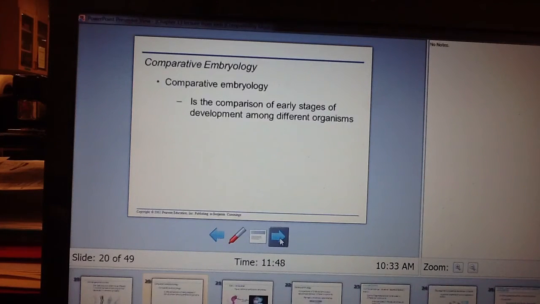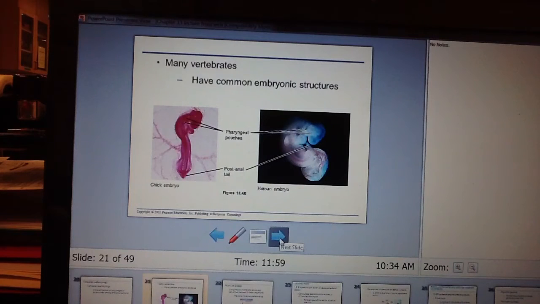The other one is comparative embryology. By simply looking at embryos at various stages as they develop, we can see that we're related to other organisms. Here are some good examples. Humans and chickens both have pharyngeal pouches, from the pharynx.